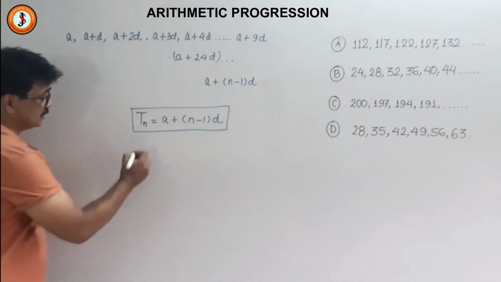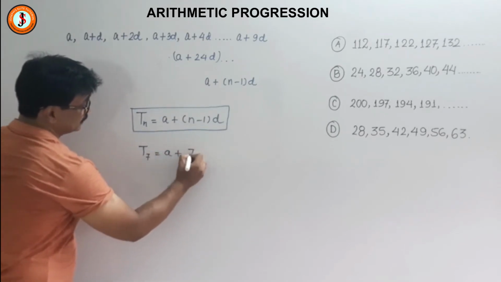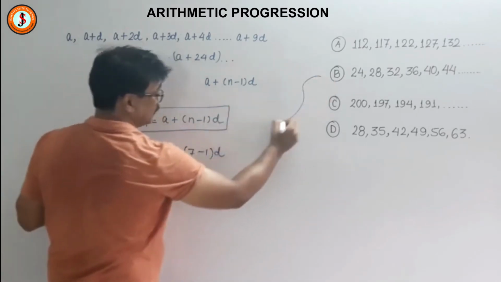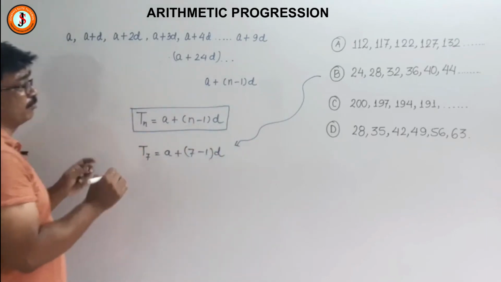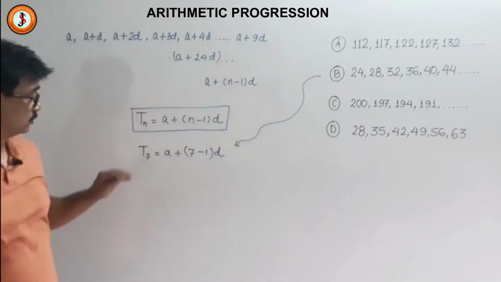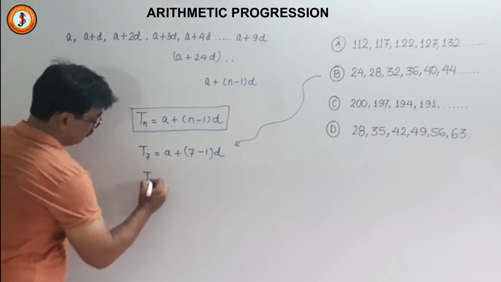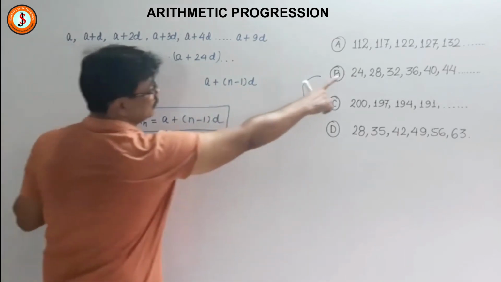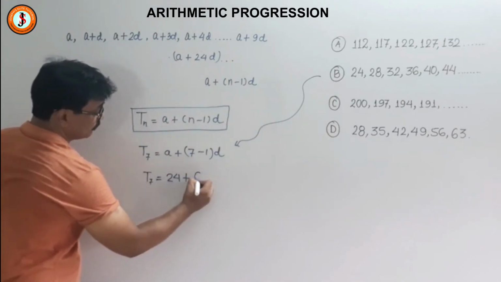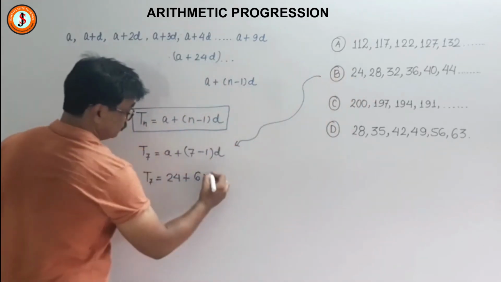So I have to find T7, which is A plus 7 minus 1 into D. A is the first term, so it is 24. 7 minus 1 is 6, into D. D is the common difference, 28 minus 24, which is 4.